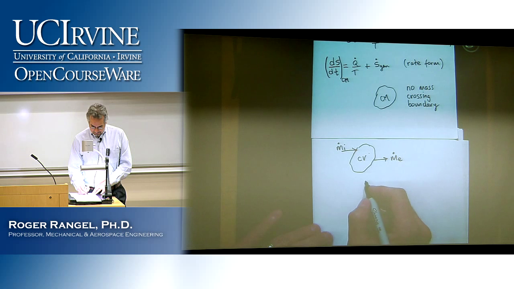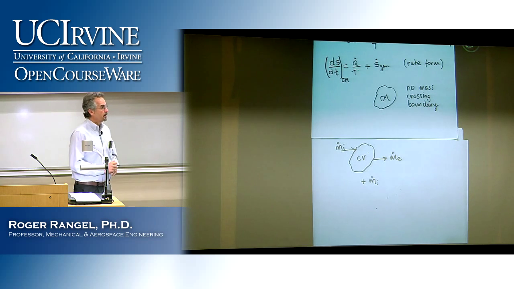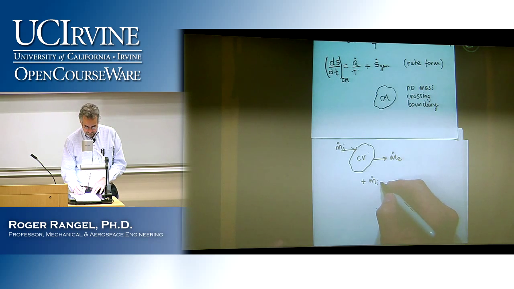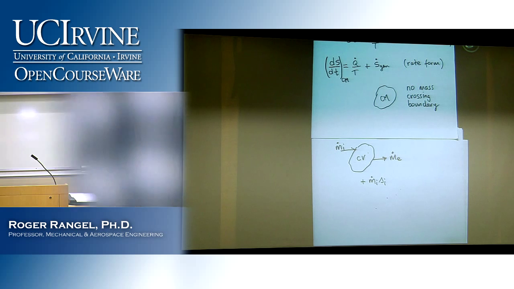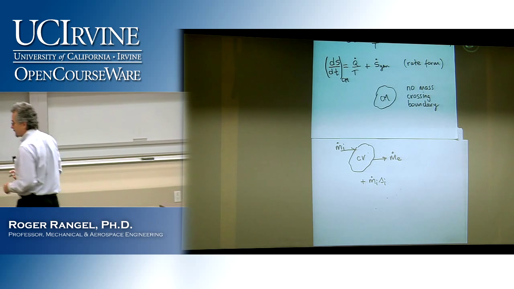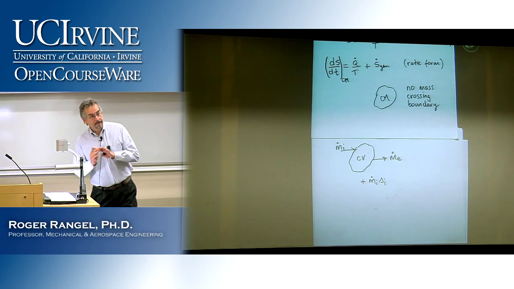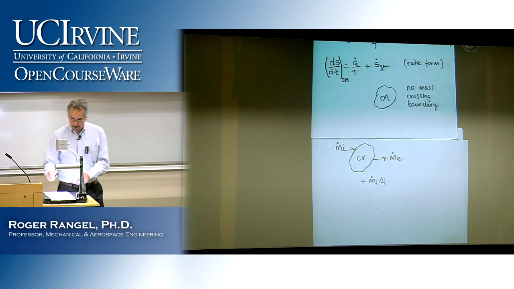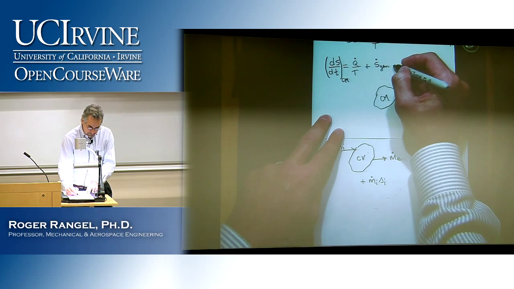What do we need to add? Incoming mass rate times what? Per unit mass. So let's call it lowercase s_i. That would be the entropy per kilogram that is coming in with that mass. That is positive. It gets added to my system. So remember, I'm adding to this equation.